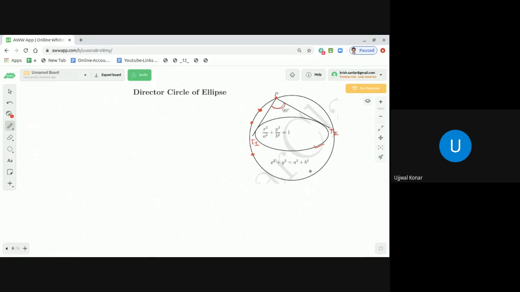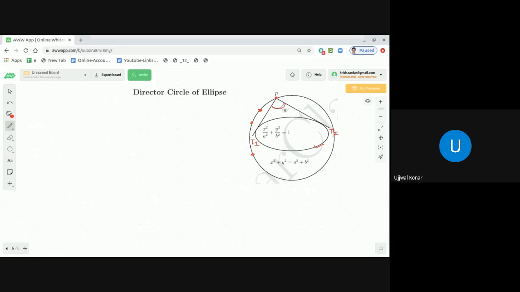You will get many points, so that from all those points, if you draw two tangents, the angle between those two tangents is 90 degrees, or in other words, those two tangents are perpendicular to each other. For example, in this adjoining diagram, we see PT1 and PT2 are perpendicular to each other. Now, the locus of this point P describes a circle, and that circle is known as the director circle.